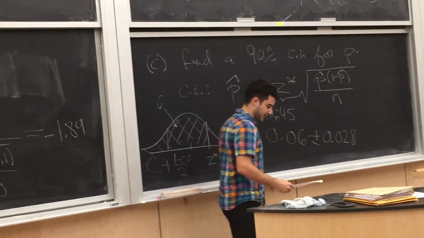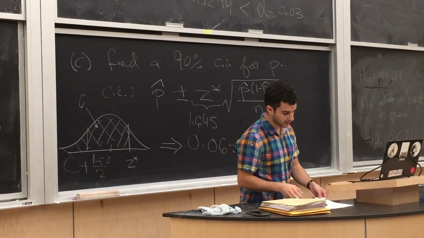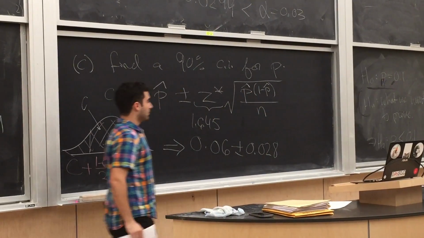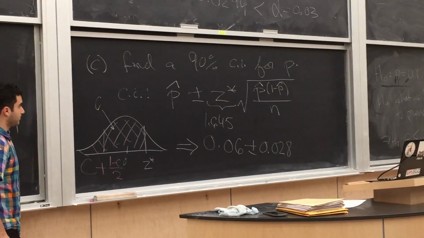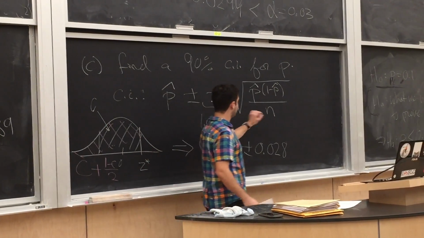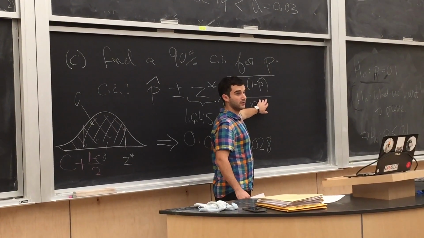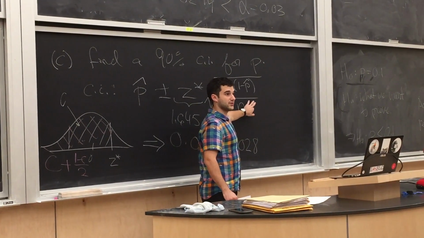So this leads into the final thing I want to talk about from chapter 20, which is, what if instead of fixing this number n and getting a margin of error, you want to go backwards?